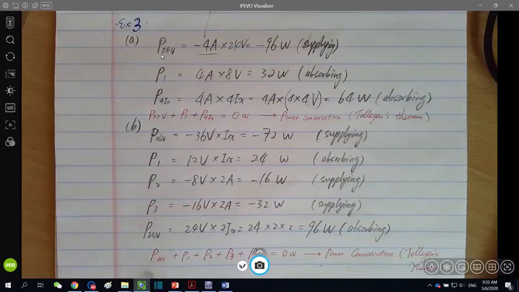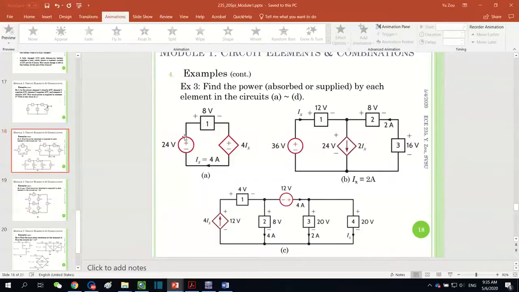So I'm using different subscript to differentiate different elements. For example, the power of 24 volts voltage source has power of P sub 24 volt, and it equals the product between the current through it and the voltage across it. The current through this 24 volts voltage source is 4 ampere, as we said. However, you see this 4 ampere is entering the negative polarity of the voltage source. Doesn't match the passive sign convention.